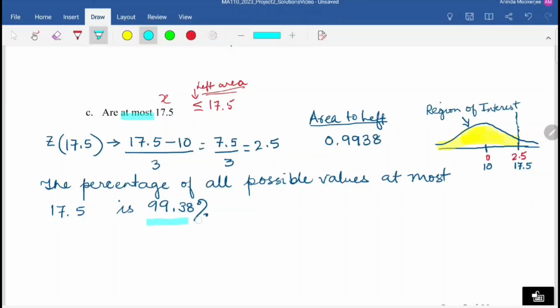All right, 99.38%. Right? So let's go to the next one after this to see what questions we have in our review sheet. This completes all the questions pertaining to a normal distribution.